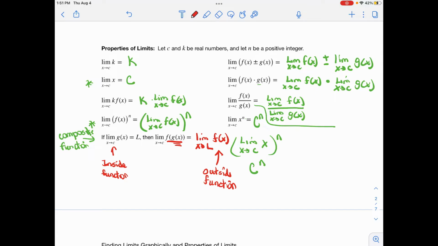This is the only one where the value of your limit changes. It started at the limit as x approaches c, but now we're figuring out the limit as x approaches L, and L is the answer we got when we found the limit of the inside function.